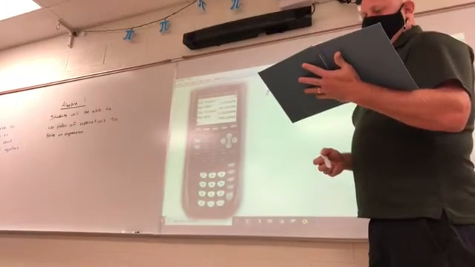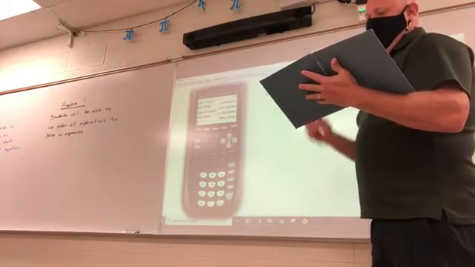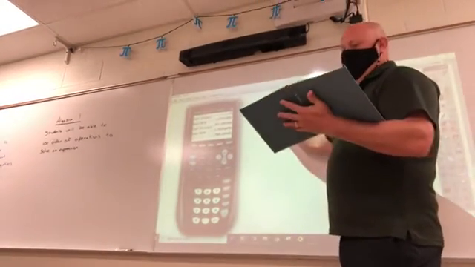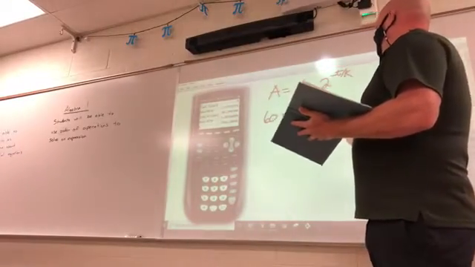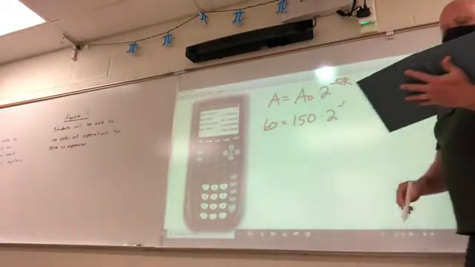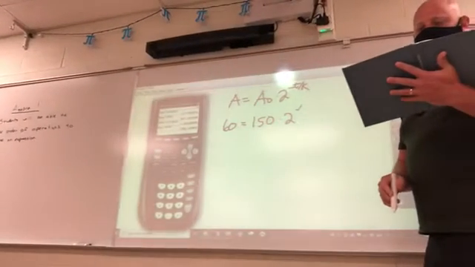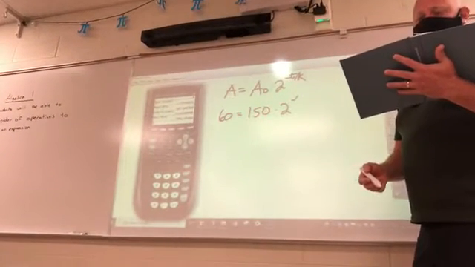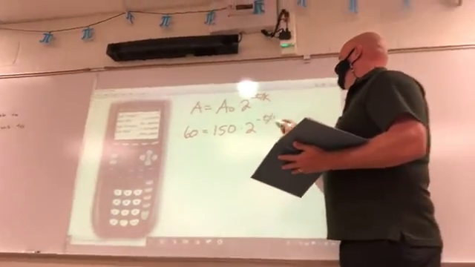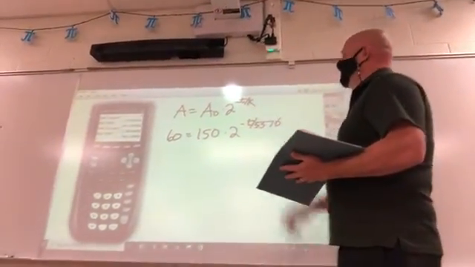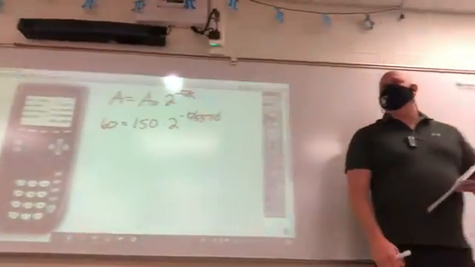Shell found with 60 carbon 14. It originally had 150, so A is 60, A sub 0 is 150. Then determine the age. Do we know the carbon 14's half-life? Isn't it 5570? So it's pretty much the exact same problem.